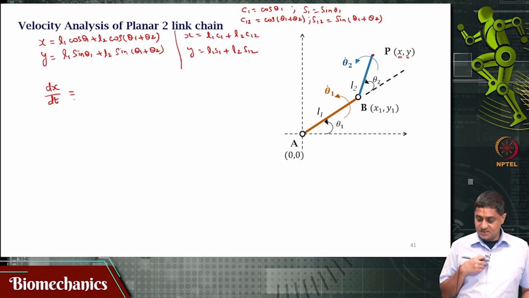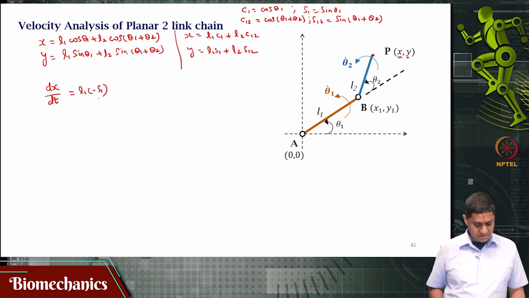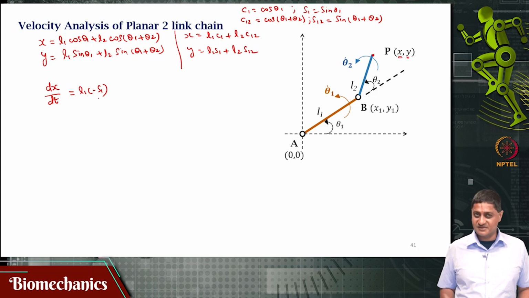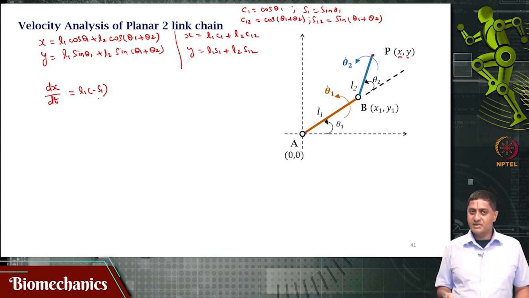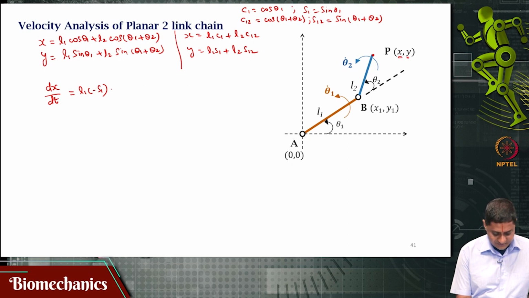L1 itself does not change, but cos theta 1, because theta dot is involved, will have a differential. L1 does not change, so that would be L1 times minus S1, is it not? That is what we saw in the previous slide, because the differentiation of cos theta is minus sin theta, minus S1 times theta 1 dot.